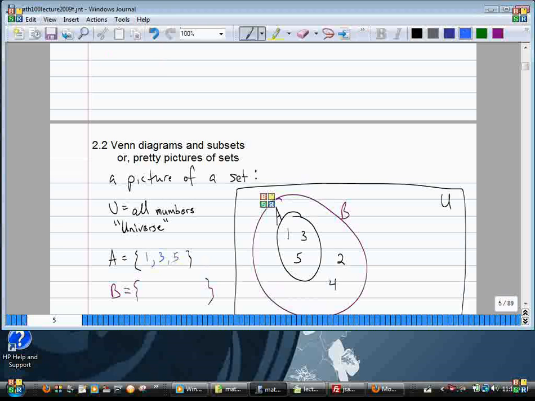To figure this out, you look at the circle that represents the world of set B. What's inside there? Which elements are inside there? Is 1 in there? Is 2 in there? Yeah. So it's 1, 2, 3, 4, 5.